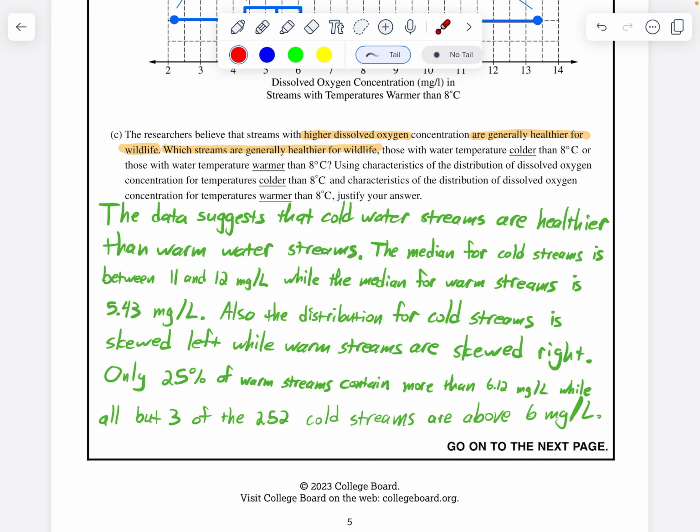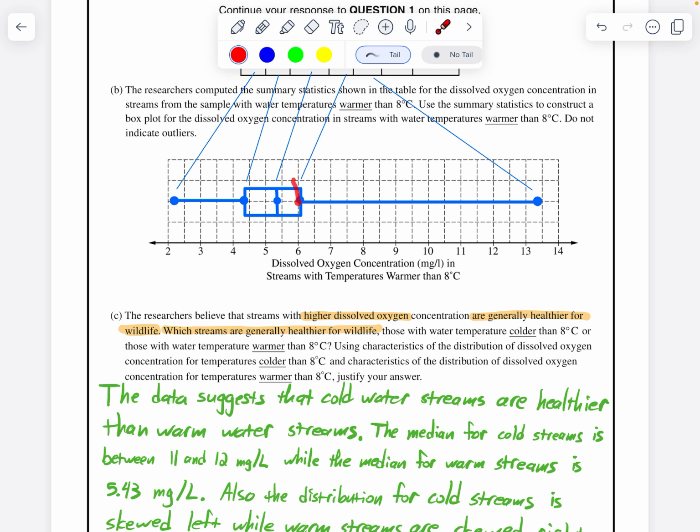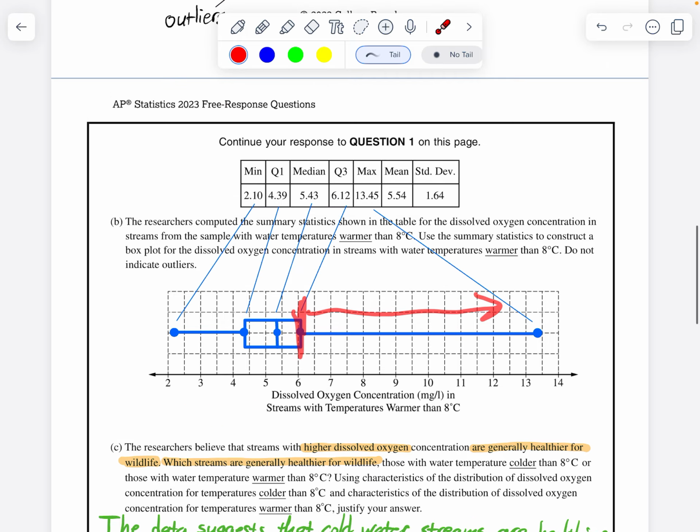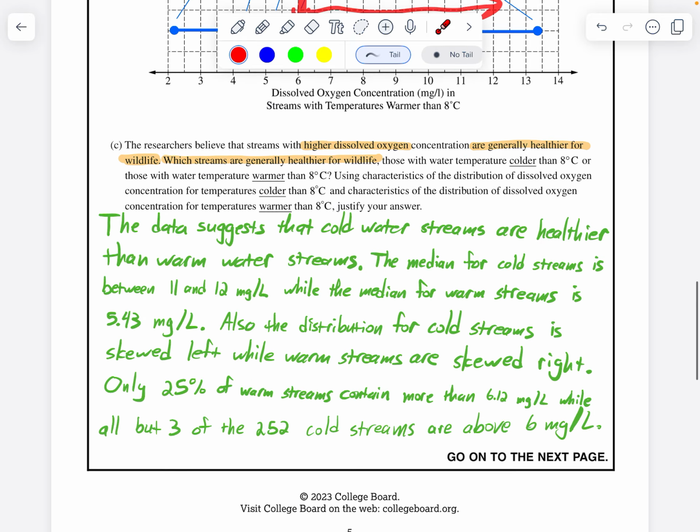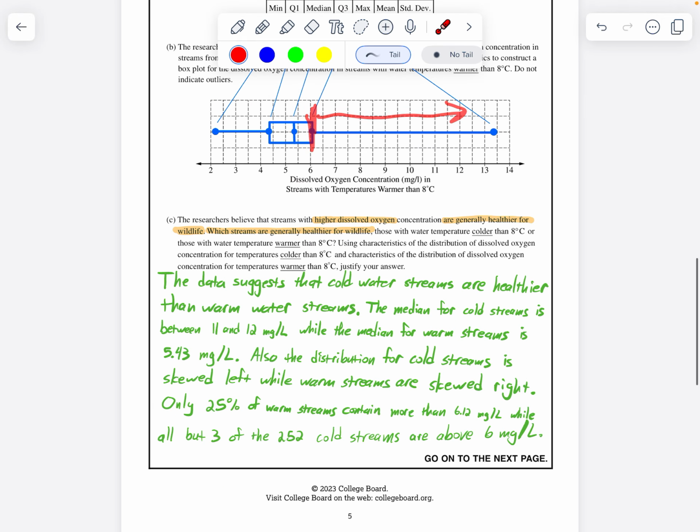And then I also did this: if you look at the warm streams, only 25% of them are above 6.12, right? That's what I said right here. Only 25% are above that line. But if you look at the cold streams, how many of them are above 6? It's ridiculous.